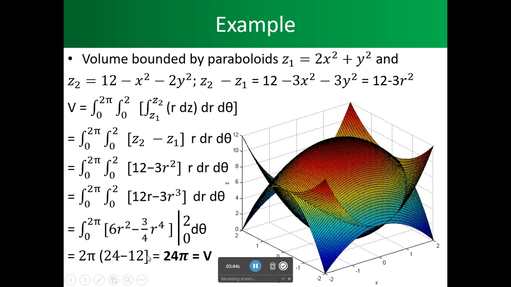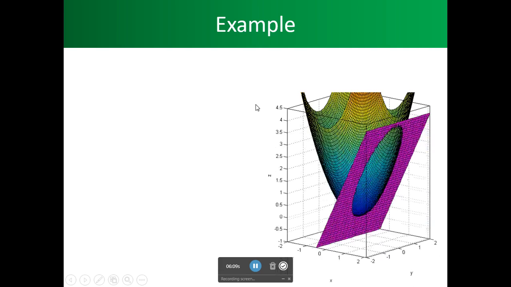We subtract 12 from 24, we get 12, and 2 pi times 12 is 24 pi. So that's our volume. Look at this so that we might be able to understand the 3 dimensions and how we pick our limits. Remember, the boundary points are very important.